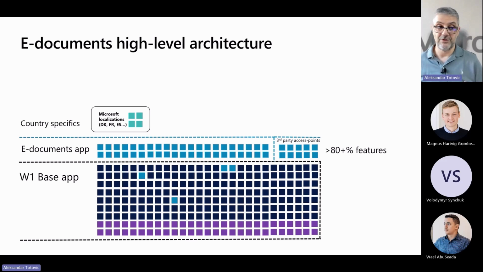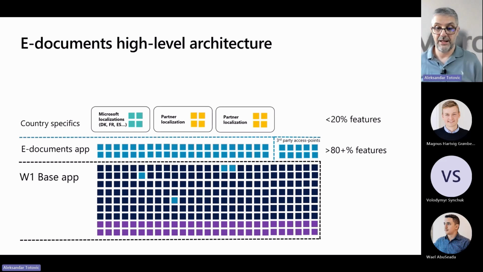And we will not be limited only to these 3 countries here on this slide. This will be enforced by specific dates when countries expect to have mandatory electronic invoicing. We expect that the same model will be used by partners. And in the following period, we will provide proper technical documentation on how you can build your own localization on top of our e-document core app.